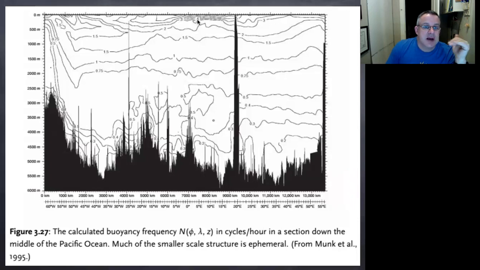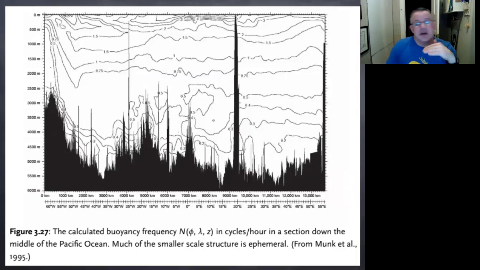So that oscillation is 3 or 4 times an hour, 15 to 20 minutes per oscillation. We go deeper into the ocean, it's about once an hour at about 1,500 meters. And then it's about once every 2 hours, once every 3 hours, once every 5 hours as we get down into the abyssal ocean.